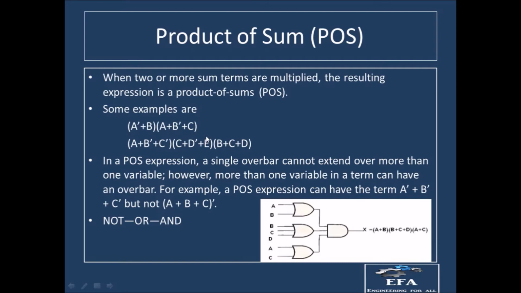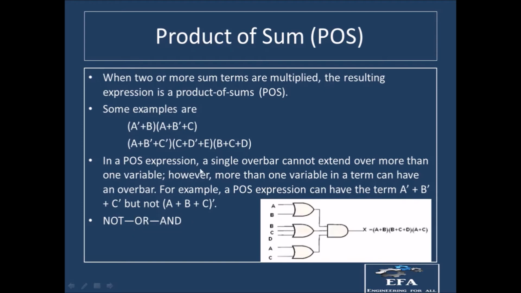Now if we are having any POS type of expression and we need to convert it into the circuit, then there is again a hierarchy. First of all we need to find the NOT gates, and after making the NOT gates, we have to add the OR, and then we have to add AND gates.